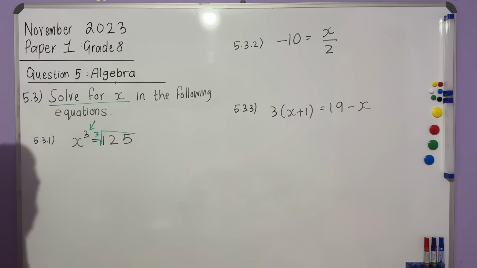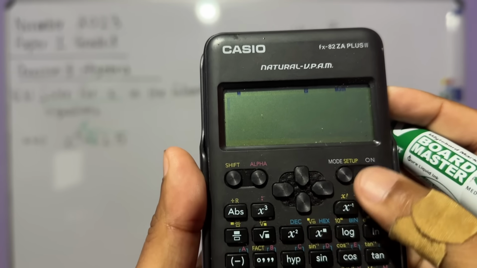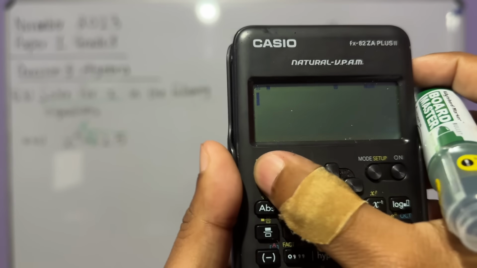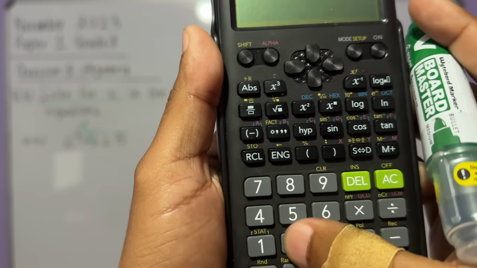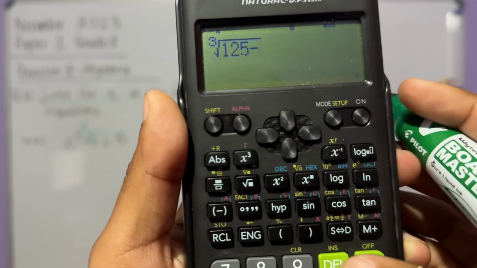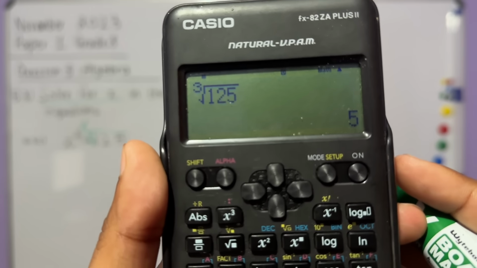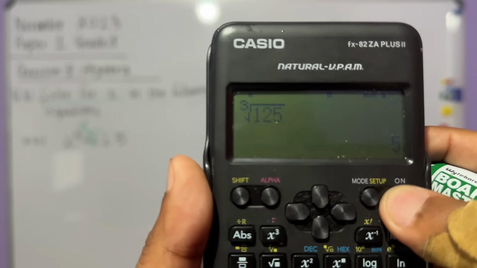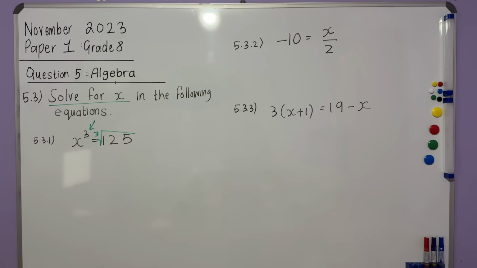Okay, so in your calculators, you'll press shift cube root and you'll put in 125 is equal to 5. So you know the answer is 5. Also, what that means for 125 is what times what times what gives you 125.